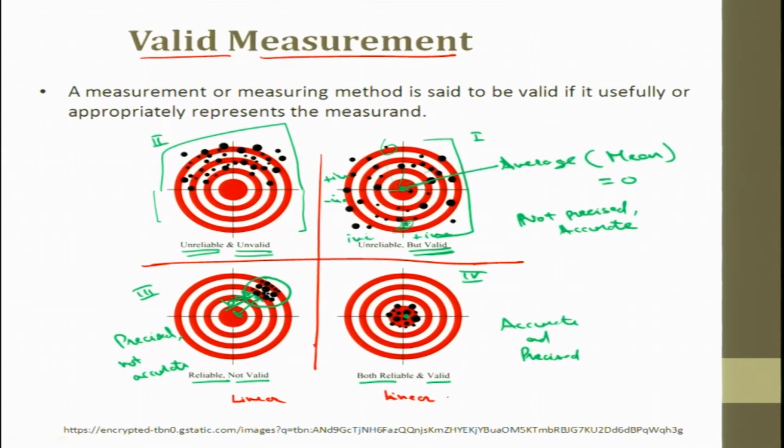Here it has no bias, here the bias is constant. So, mostly we will be working on this kind of data, the data which is unreliable but valid. This kind of data is obtained, that is in quadrant 1 mostly, and we work on this to bring some statistical inference.